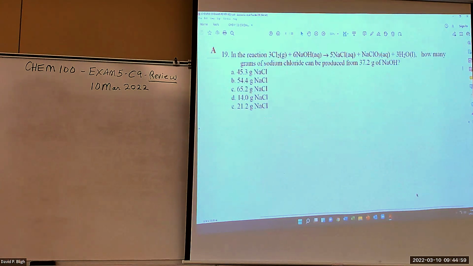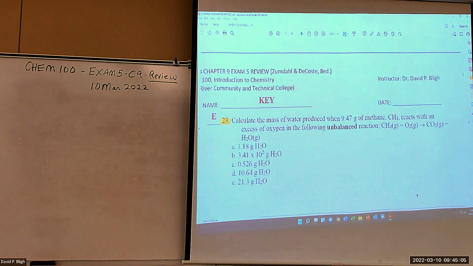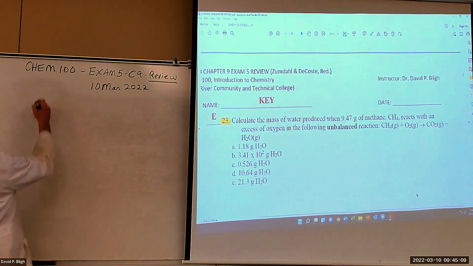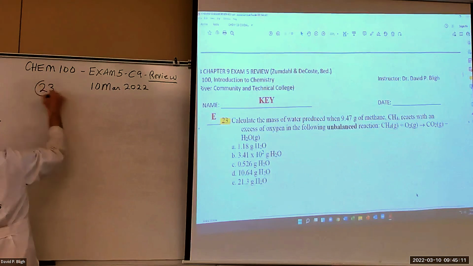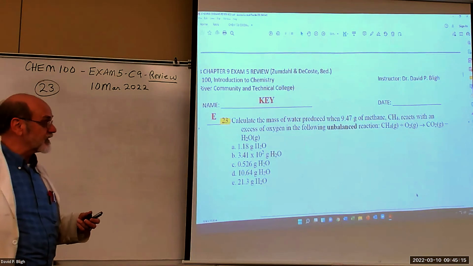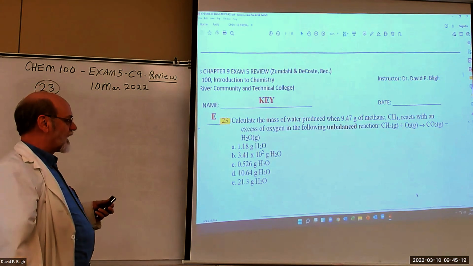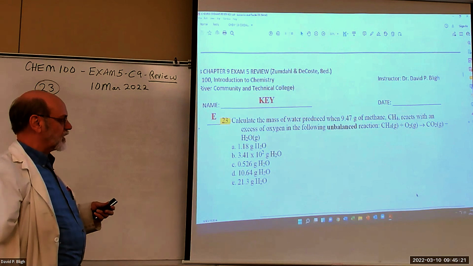All right, 18. We got some redundancy here, so we'll skip a few. 23. Calculate the mass of water produced when 9.47 grams of methane, CH4, react with an excess of oxygen in the following unbalanced equation.